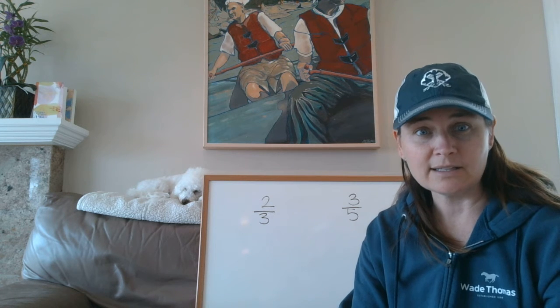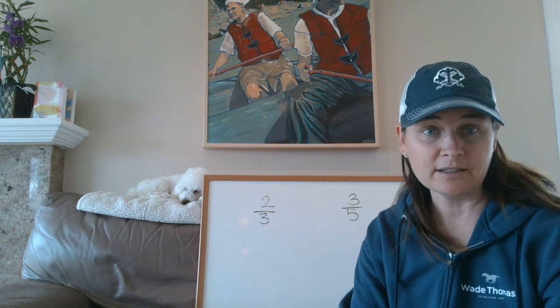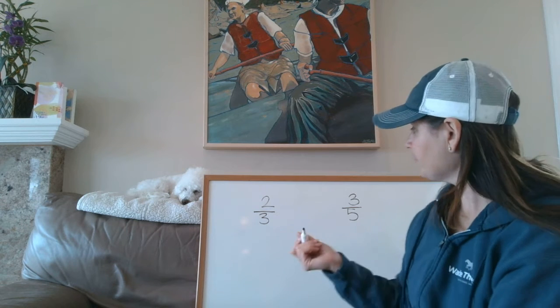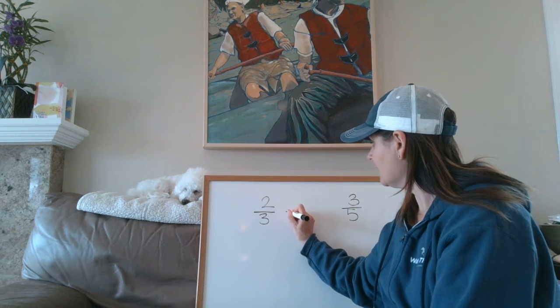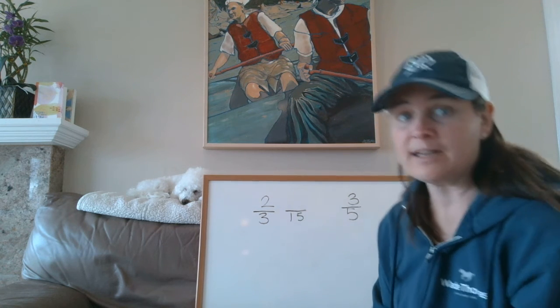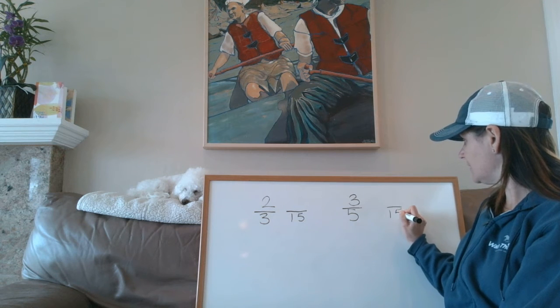For 3s, they're 3, 6, 9, 12, 15. So they both have 15 as a common multiple. So we're going to make 2/3 into something 15ths, and we're going to make 3/5 into something 15ths.